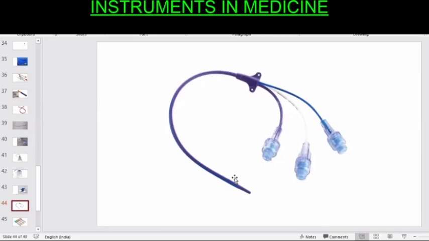While puncturing the IJV, there is an ample area where you can give compression over the neck. While putting a subclavian, that advantage is not there. So one of the disadvantages of the subclavian site is that it can cause a pneumothorax, a hematoma and a hemothorax.